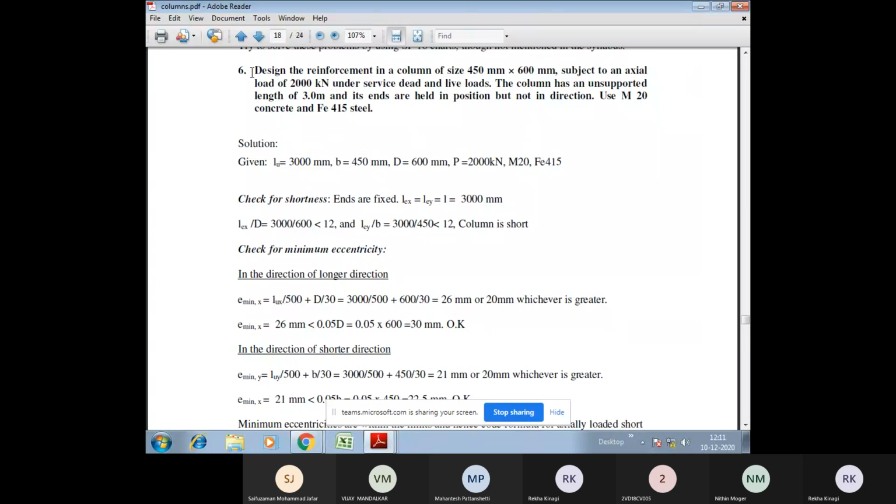So let's start today's session with this numerical example. All of you take it down, and simultaneously try to solve this numerical so that you'll have a better idea of how to design the column section.